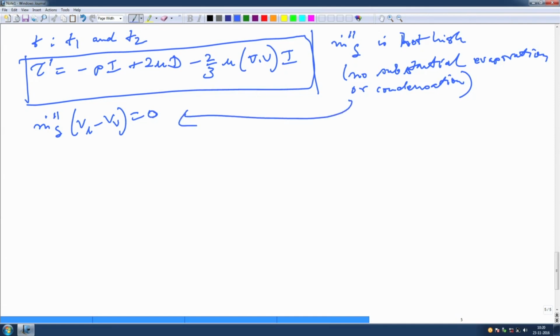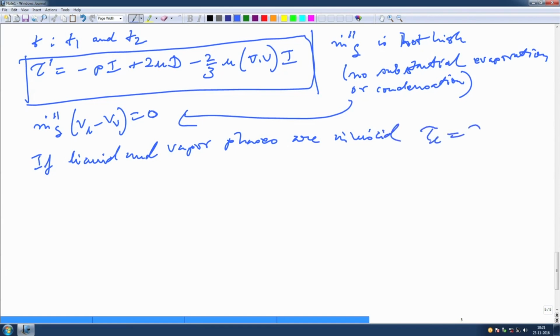A corollary of this: if the liquid and vapor phases are inviscid, say for example, then tau L equal to tau V will be equal to 0, right, there is no viscous shear.